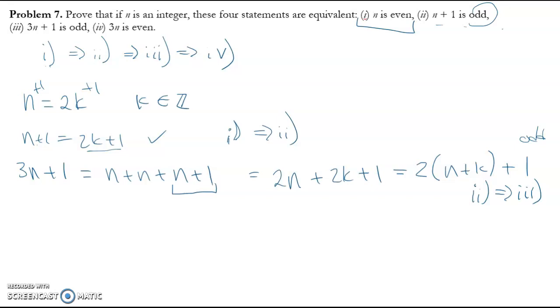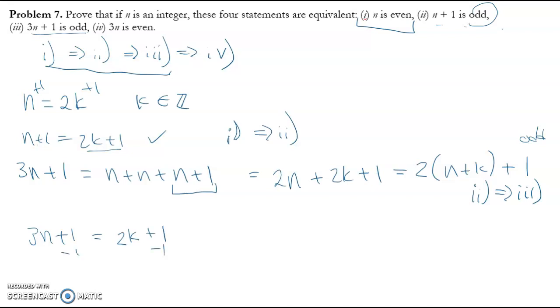All right, so we have come up to this part. We just have to prove the last one. So let's see if 3n is even. I'm going to start off from our previous statement where 3n plus 1 was odd. So I can rewrite that as odd, meaning 2 times any number plus 1. All right, so from here, let's see if we can get to our last part where we have to prove that 3n is even.